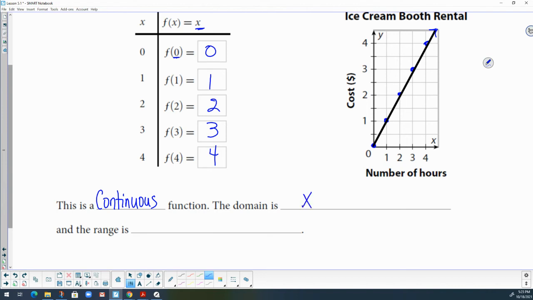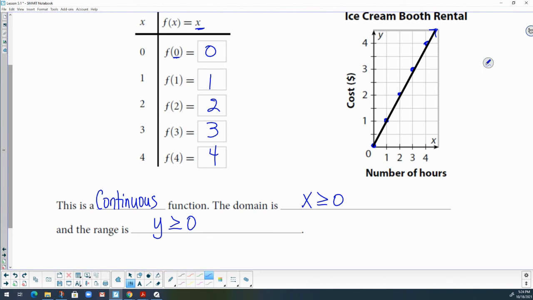So I know my domain is all real numbers greater than or equal to 0. And then my range here is all real numbers, so I'm going to say y, because that's what my range is, greater than or equal to 0 as well. So that is what my domain and what my range is, writing that as an inequality, because it can be any real number in there. It doesn't have to be 1, 2, 3, 4, 5.